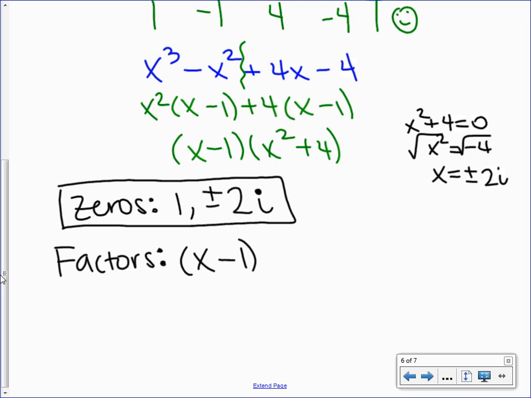What was its multiplicity? So we better have 2 of those factors. We have a 0 of 2i, and we have a 0 of negative 2i. There are our factors. Once you find the zeros, writing the factors is not a problem, is it?